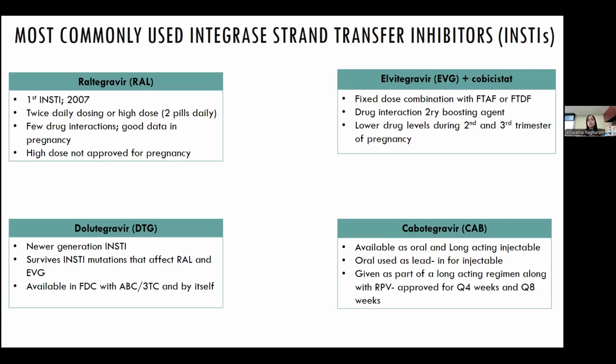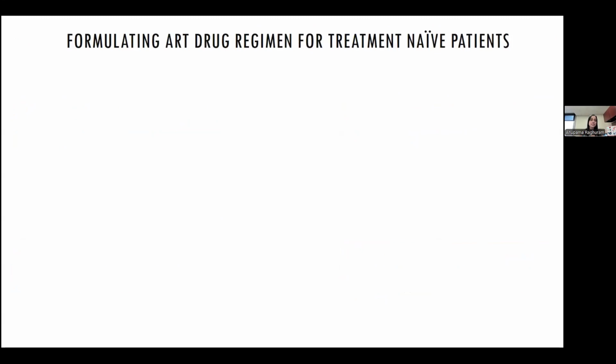And it is given as a part of a long-acting regimen along with rilpivirine, which is an NNRTI that we reviewed before. So this is a 2-drug regimen, and it's approved for either every 4-week or every 8-week dosing. But this is not part of a treatment that you would do in a brand new treatment-naive patient, okay? So those are the pearls for integrase inhibitors.